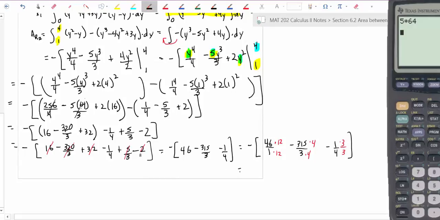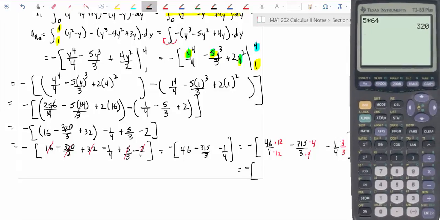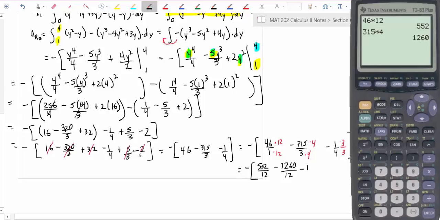Okay, so it looks like we're going to have a negative. I'll use my calculator to help me a little bit with this. So I got 46 times 12, which is 552 over 12, minus 315 times 4, which is 1260 over 12, and then minus 3 over 12.